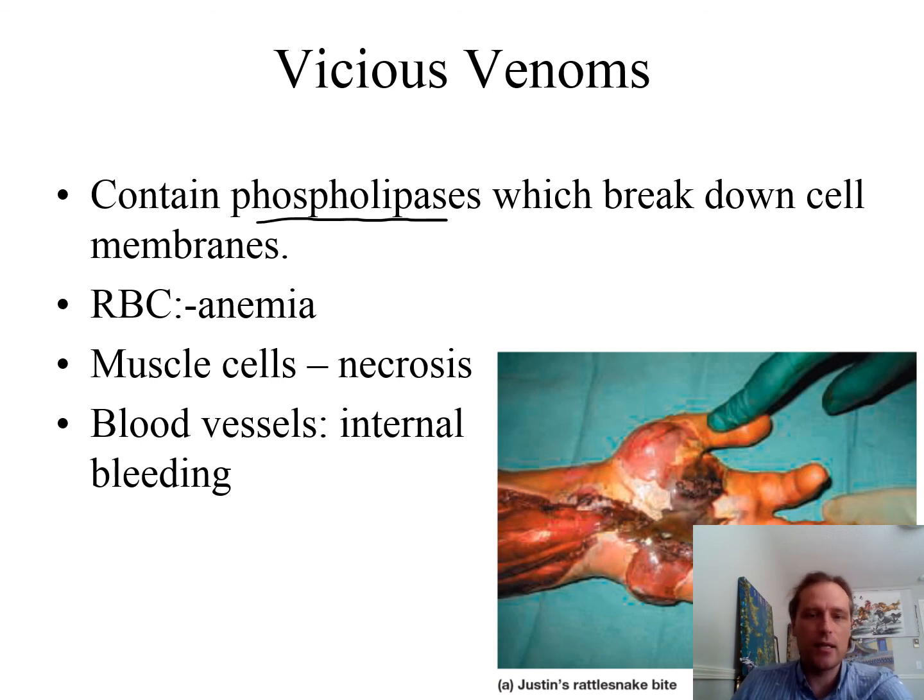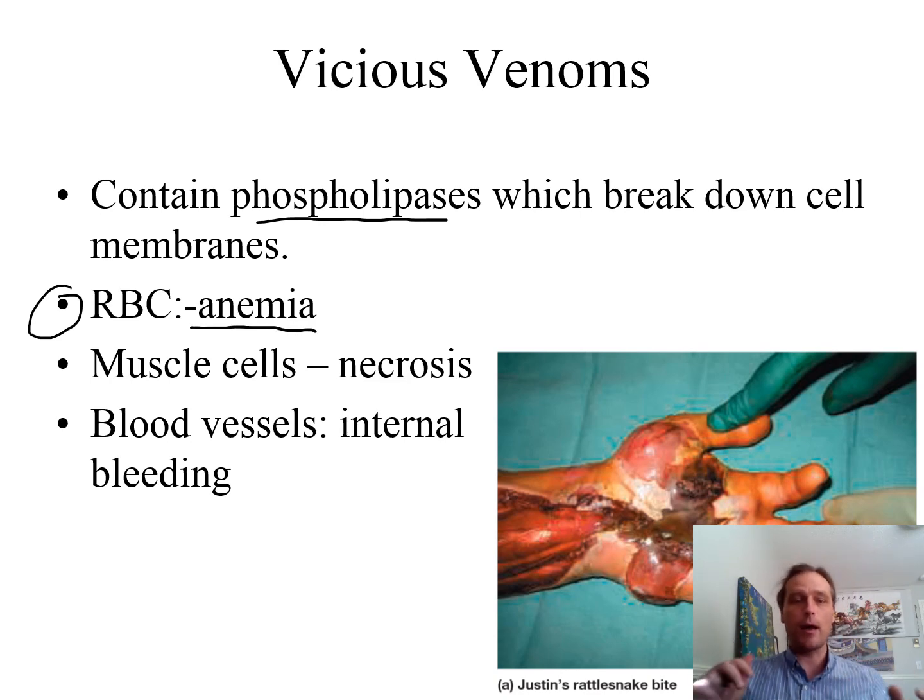So this kind of enzyme, a phospholipase, will break down phospholipids, and that's not good because, for example, if this starts happening to red blood cells, they transport oxygen. You're going to become anemic, not enough oxygen being transported, and if that snake bite got enough of that venom into your blood, it can cause anemia rapidly.